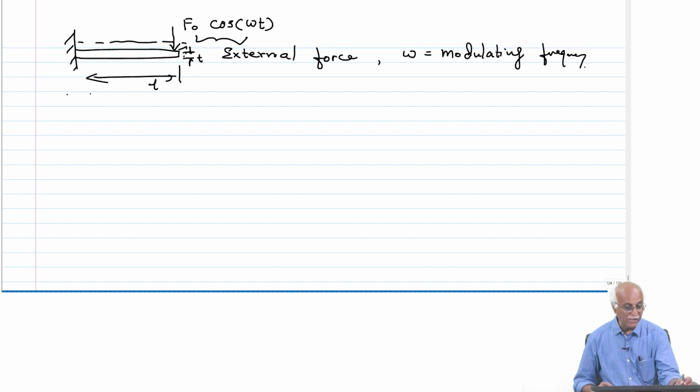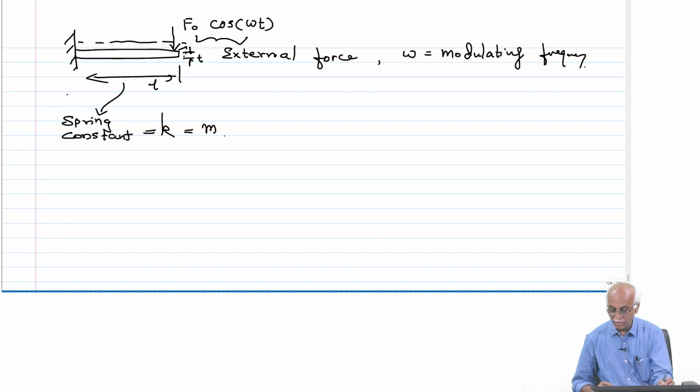So the spring constant K for this cantilever beam can be related to mass times its resonance frequency.